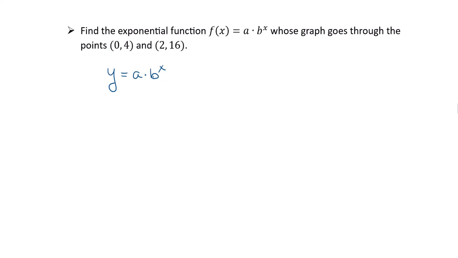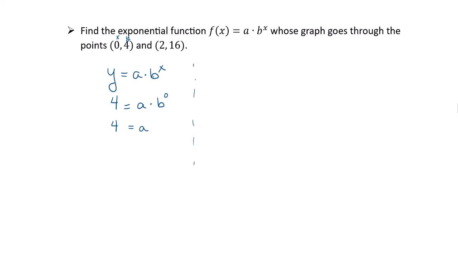This really simplifies things quite a bit because I can say a times b to the 0 equals 4, substituting in 0 for x and 4 for y. I know that b to the 0 is just 1, so straight away I find that a equals 4.